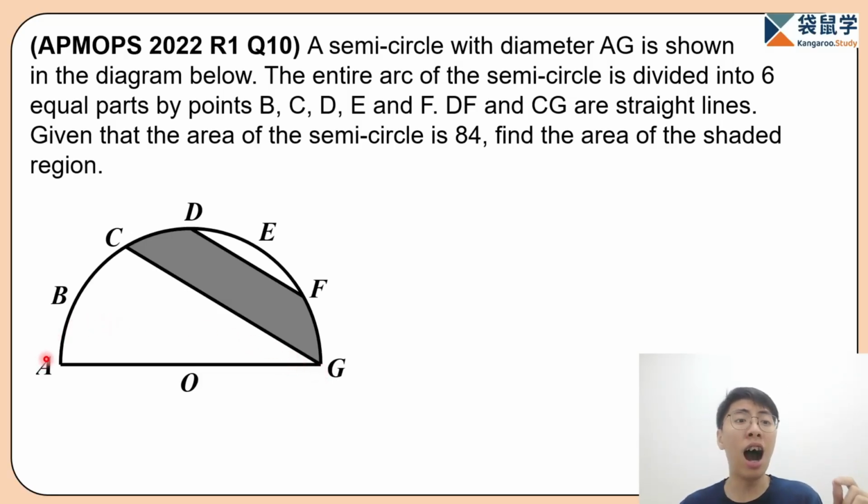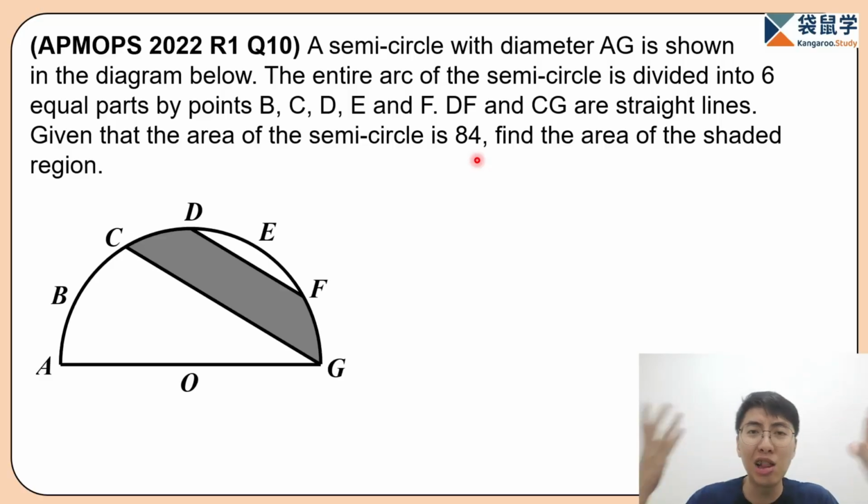The entire arc of the semicircle is divided into 6 equal parts by the points B, C, D, E, and F. Now I have DF and CG, two straight lines, and given that the area of this semicircle is 84, we are asked to find the area of the shaded region.